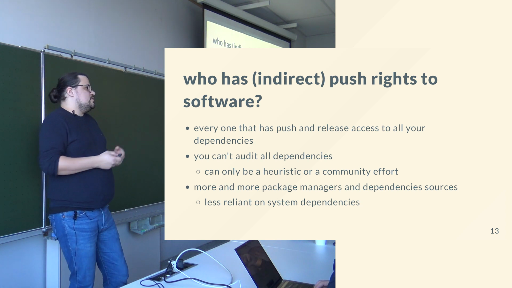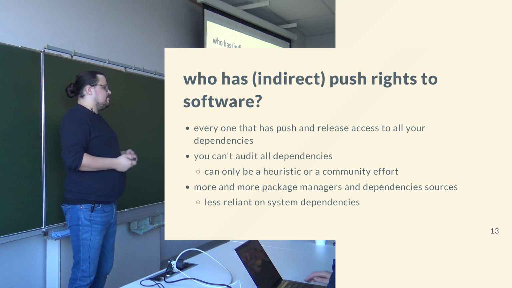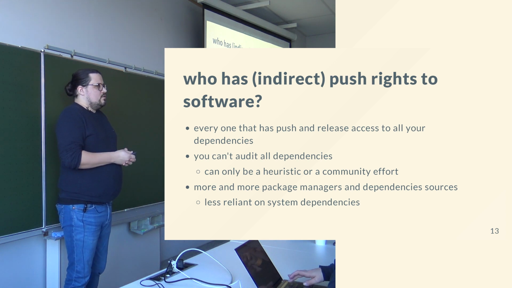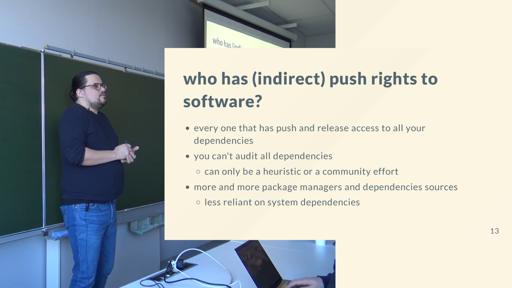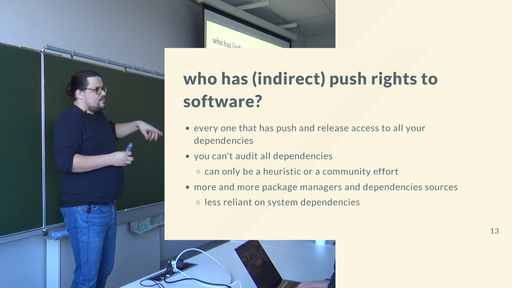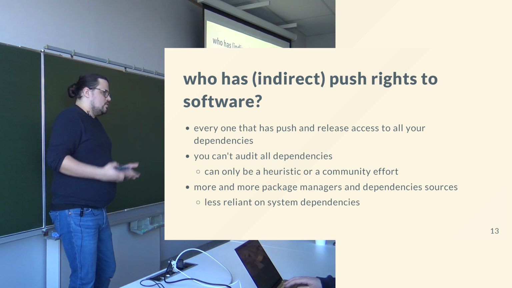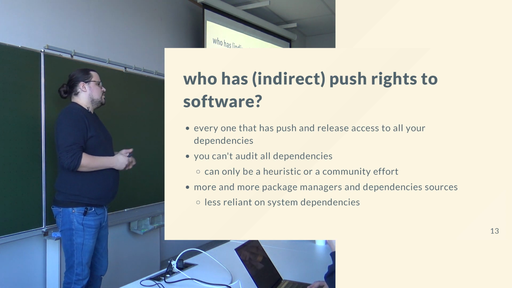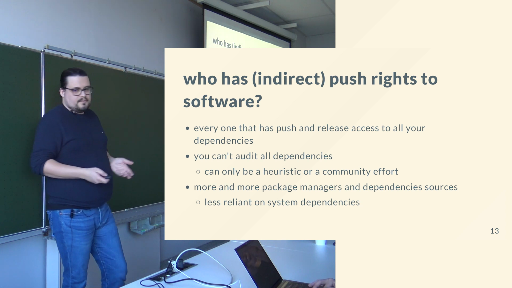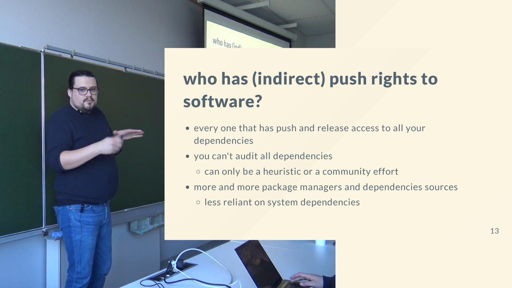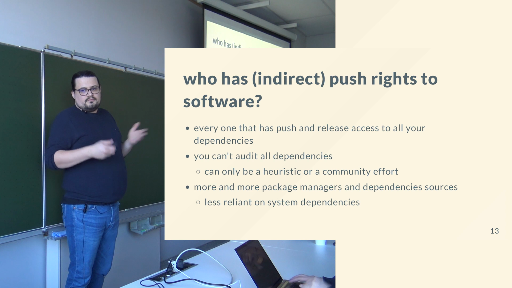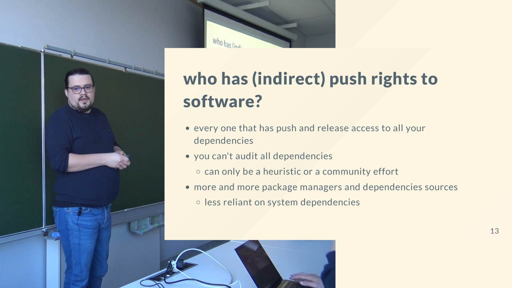Because you can't really audit all dependencies. Very often you have an amount of dependencies such that you may audit it the first time you import it, but when you update one of your dependencies, you probably won't review all the code all the time. In most cases, it's practically impossible. So it can only be a heuristic or a community effort.